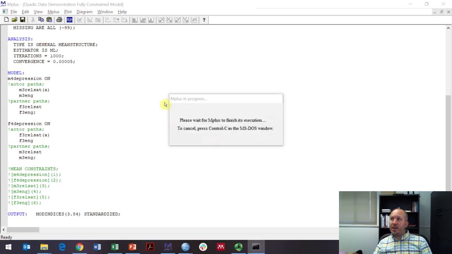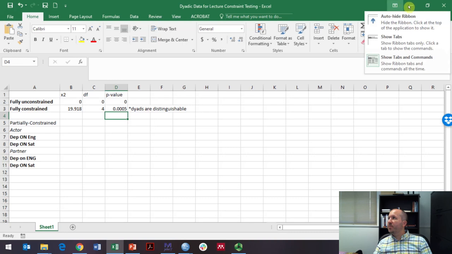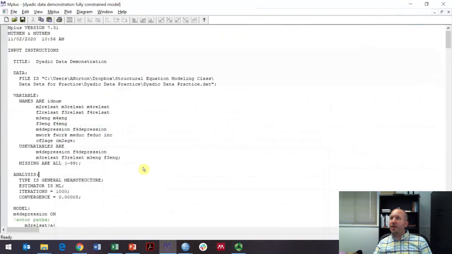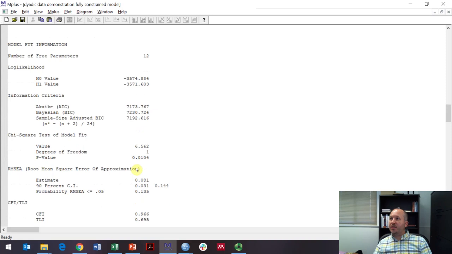So I'm going to go ahead and run that. Oh, where'd you go? All right, there you are. And it ran just fine, and we can see that our chi-squared is significant. So that means that, I'll copy this over, 6.562.